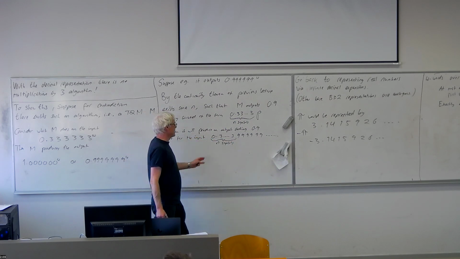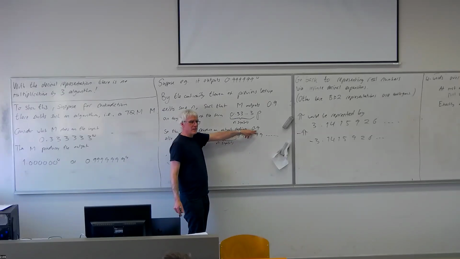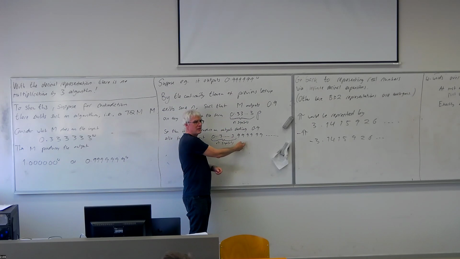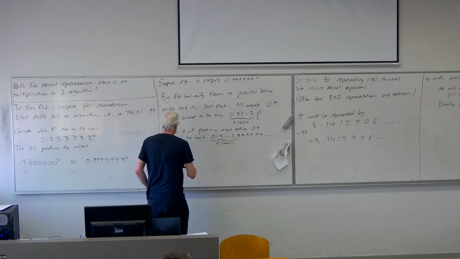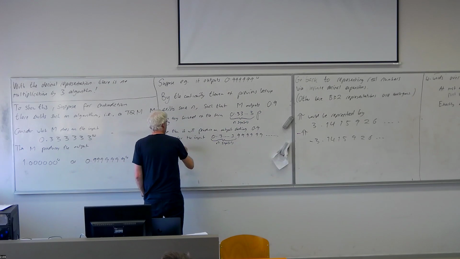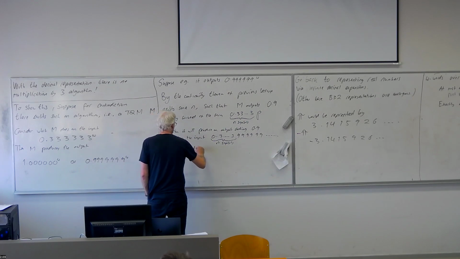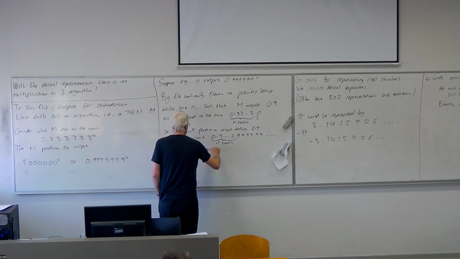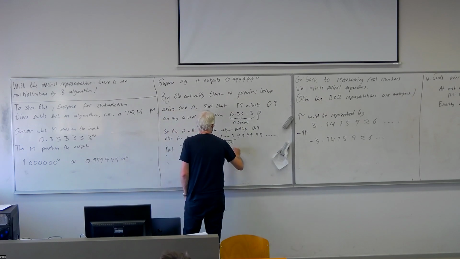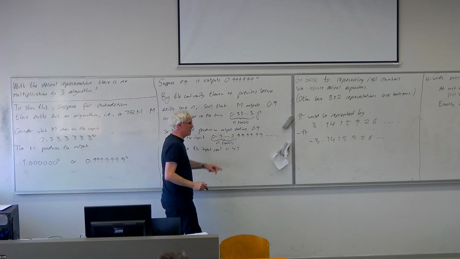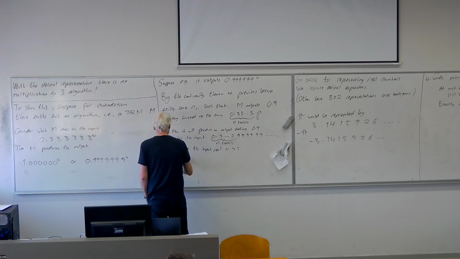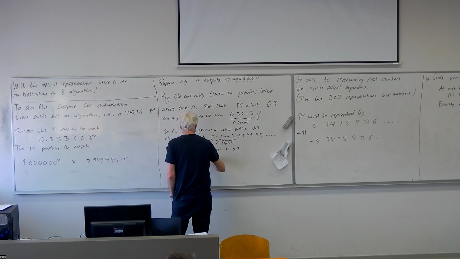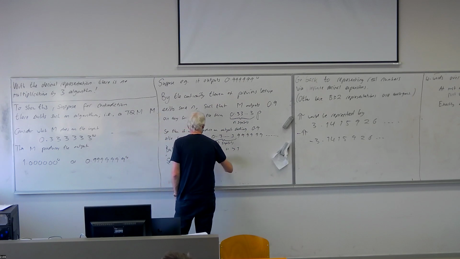It's still going to try to give us an output starting with 0.9, but of course 3 times this number is something greater than 1. So it cannot have a representation starting with 0.9. The machine goes wrong.